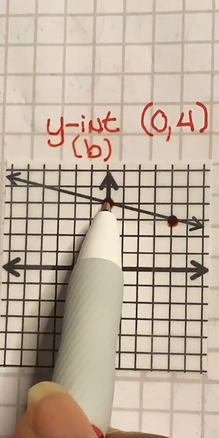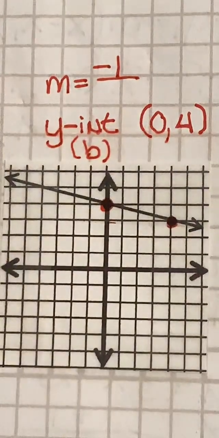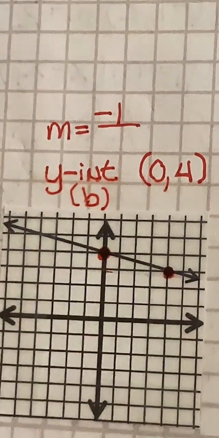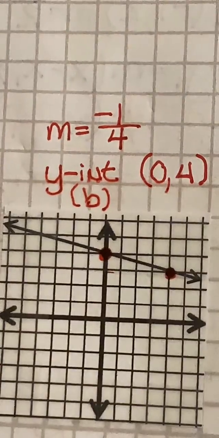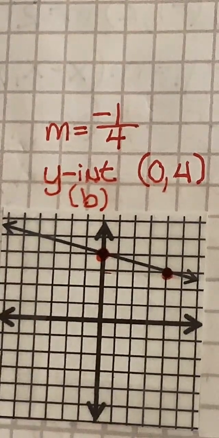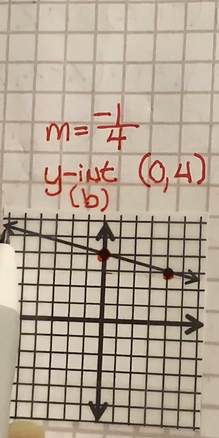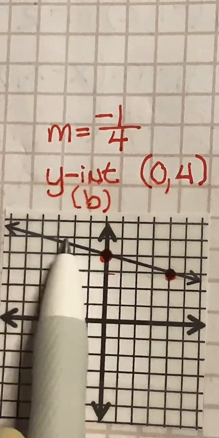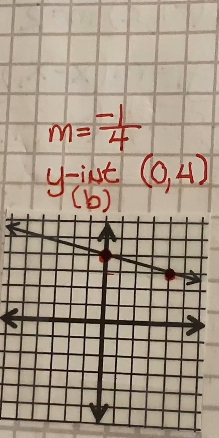Our rise went down 1, so that's -1. Then we ran over 1, 2, 3, 4. So your slope is negative 1/4, which makes sense because from left to right, the line is going down.